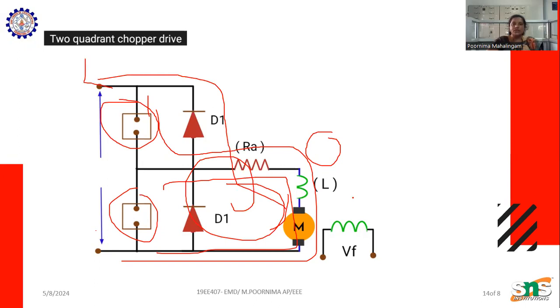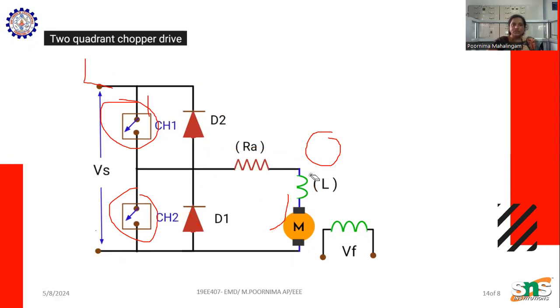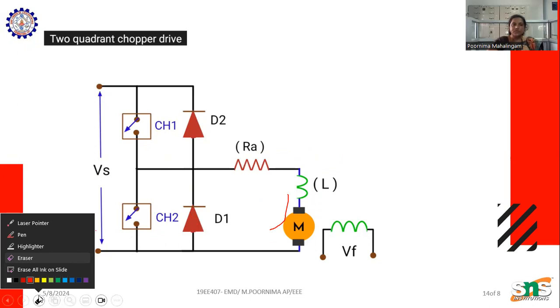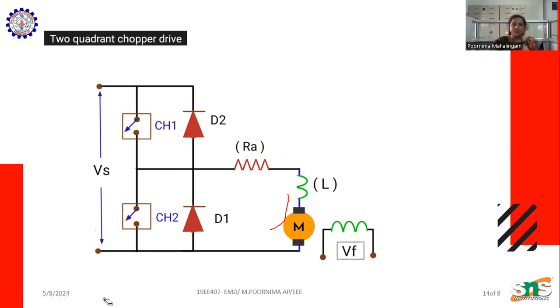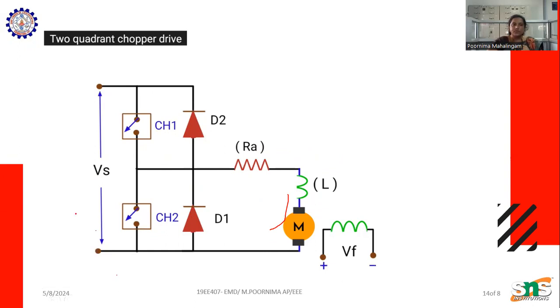Here we can see the chopper. To operate this circuit, a separately excited DC motor is used, so the motor's field winding is separate from the armature, and the field is provided separately.